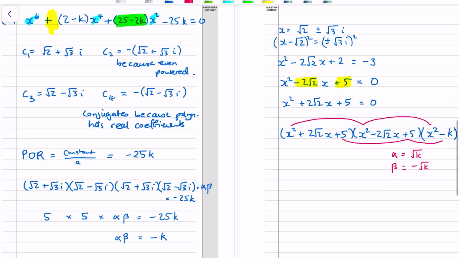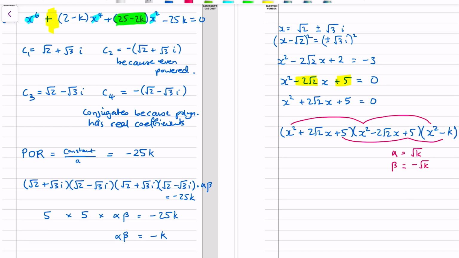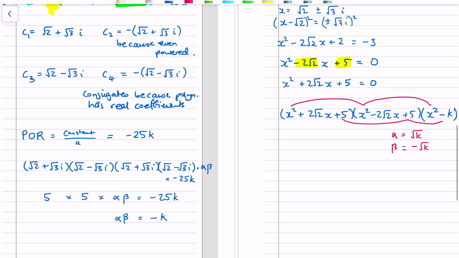I'll leave that for you to convince yourself. But if you knew that the equation had to have a real solution, okay, real cubics always have a real solution. There had to be two real solutions, one the plus and one the negative.